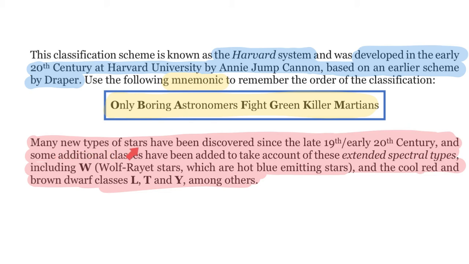Now, many new types of stars have been discovered since the late 19th century and early 20th century because of the development in technology.